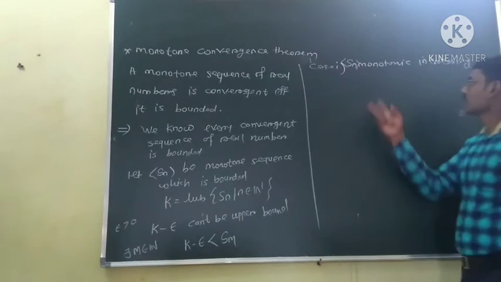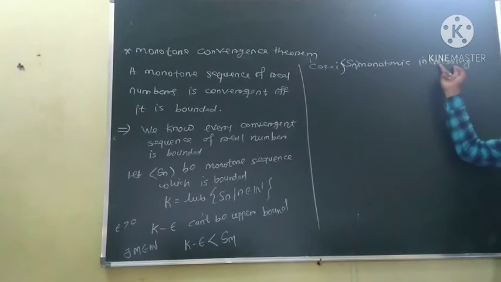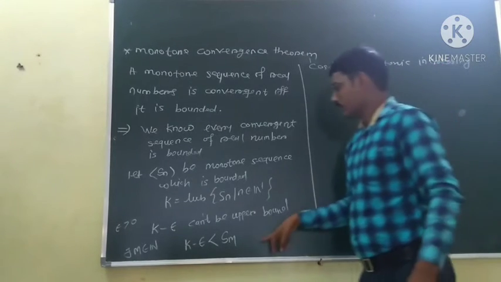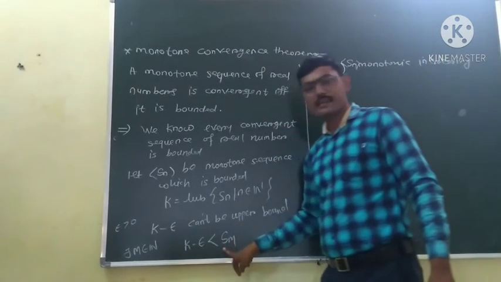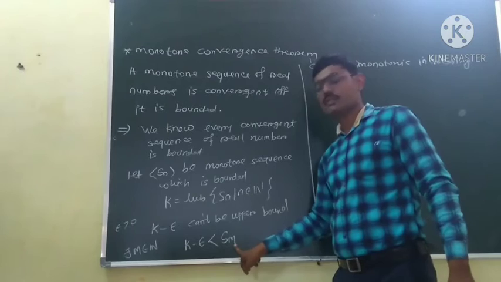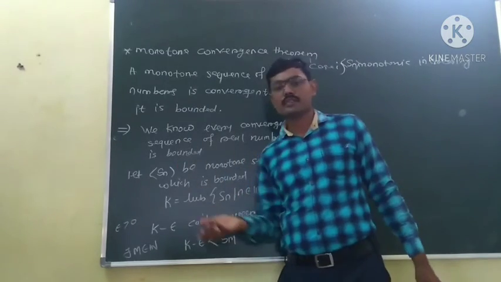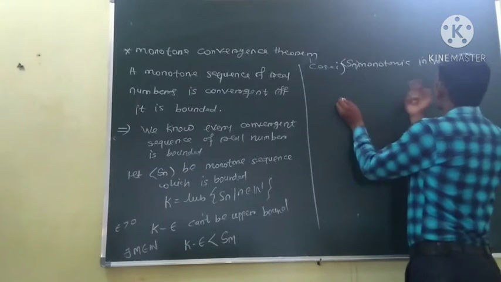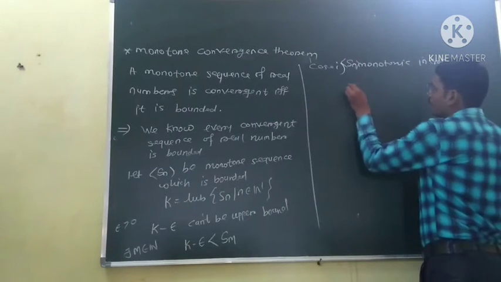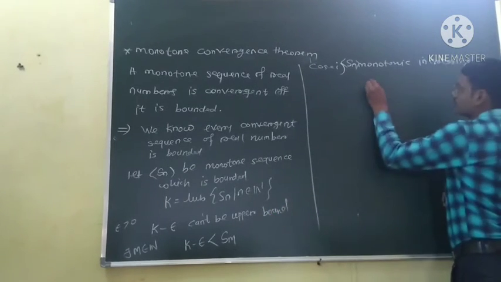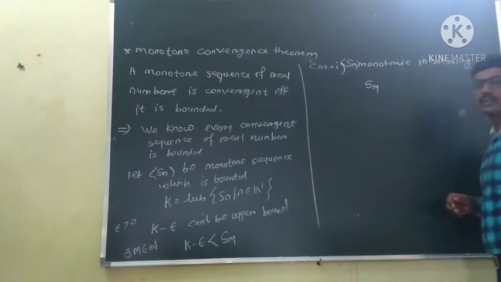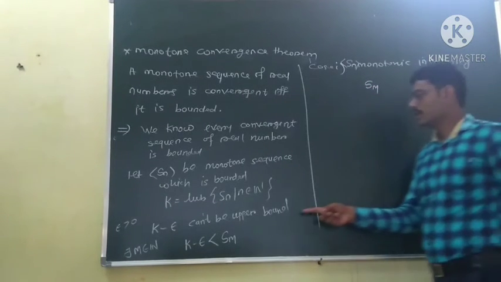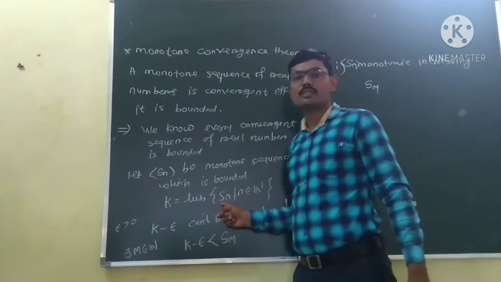So we have taken a monotonic increasing sequence. For this Sm, if we increase the value of m, we will get a higher value of the sequence. So since the sequence is monotonic increasing, we have Sm less than some other element of the sequence.